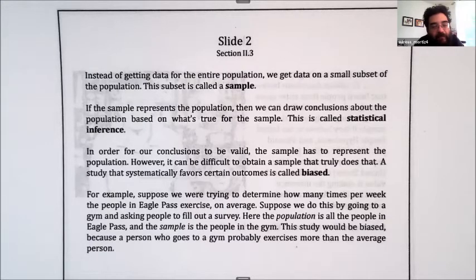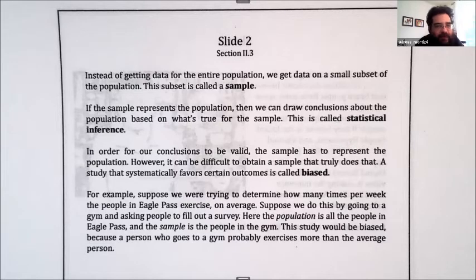So for example, suppose we're trying to determine how many times per week the people in Eagle Pass exercise on average. Maybe they exercise 3 times a week or 2 times a week. Well, suppose you were to do this by going to a gym and asking the people to fill out a survey. In conducting this study, the population would be all the people in Eagle Pass, and the sample would be the people at the gym that you happen to have fill out the survey.